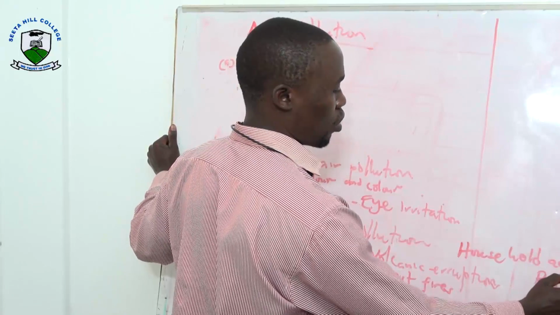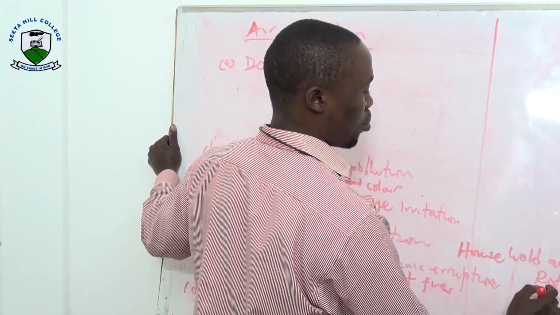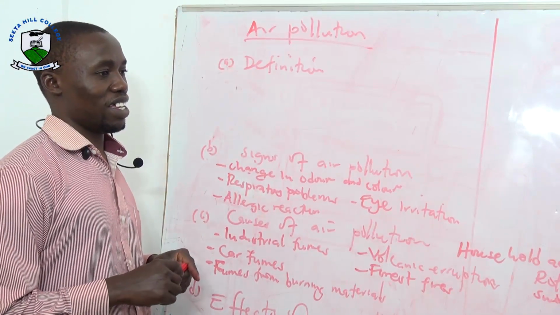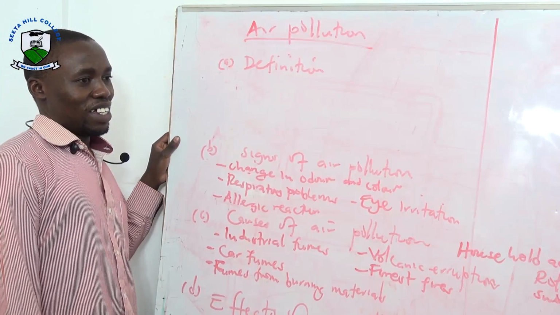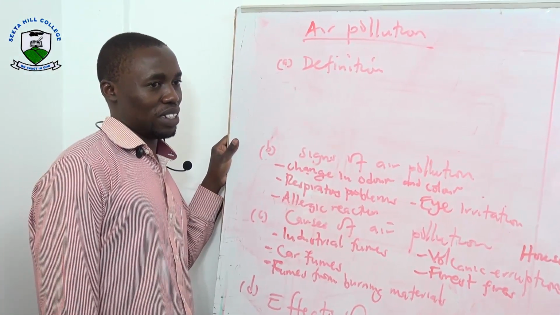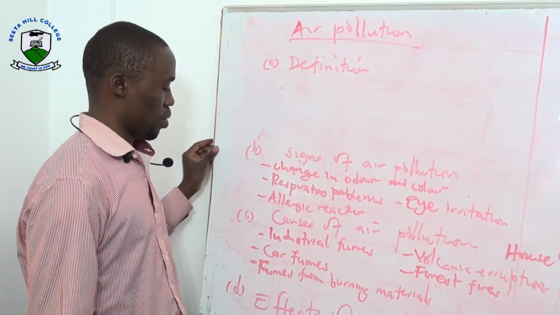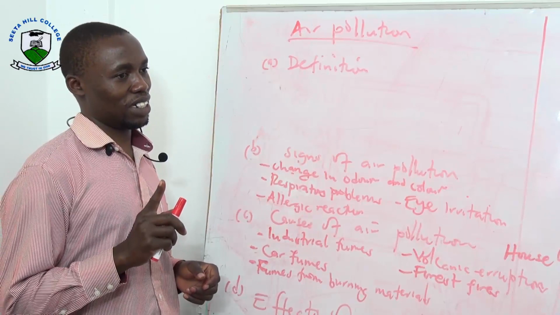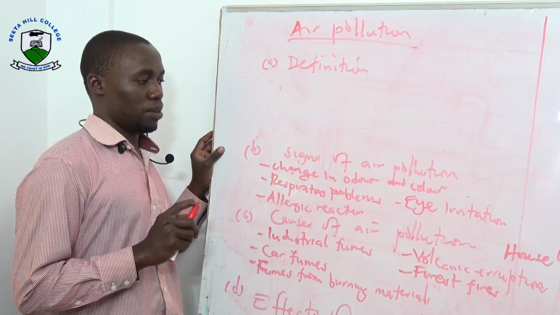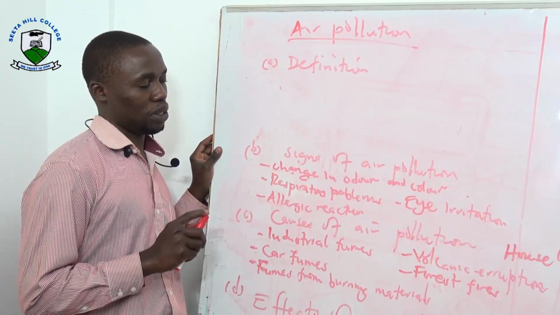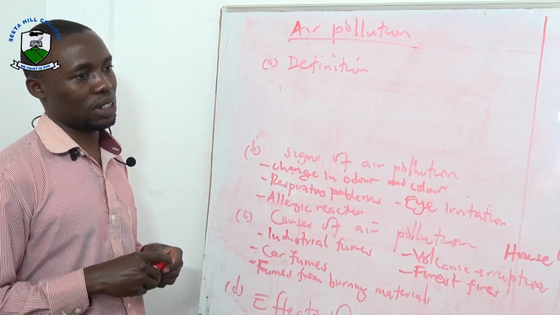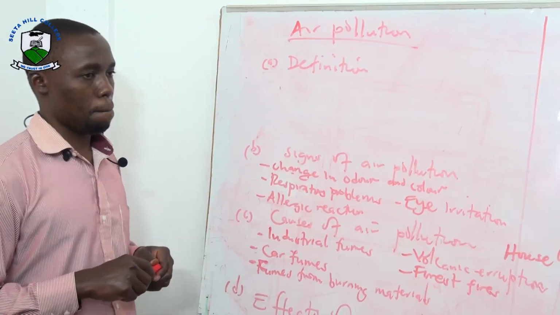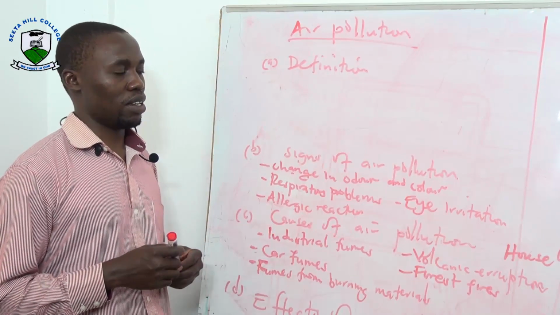Or even smoking, not so? Yes. Those are all household. Smoking. Those are all causes of air pollution. Use of some chemicals. That means fumes from laboratories. Not so? Fumes from laboratories. Okay. Is that correct? Fumes from laboratories. That's right. So even some electric power stations burn and produce this smoke. Yeah. So power stations, we have them as well.